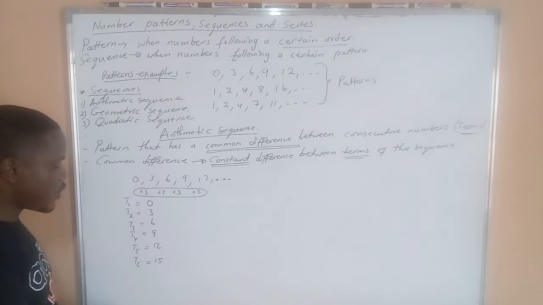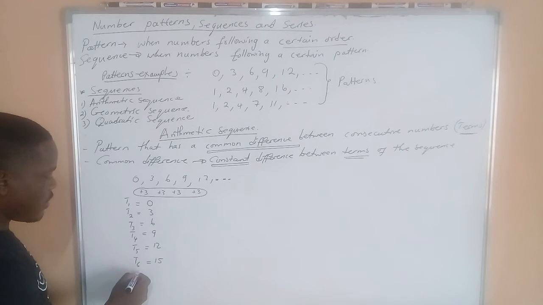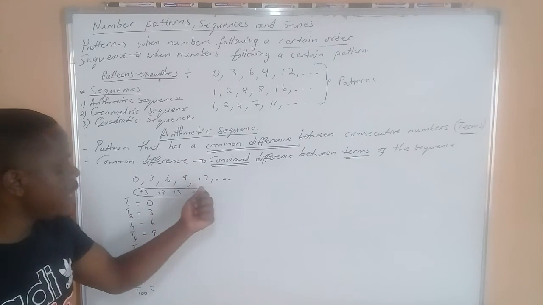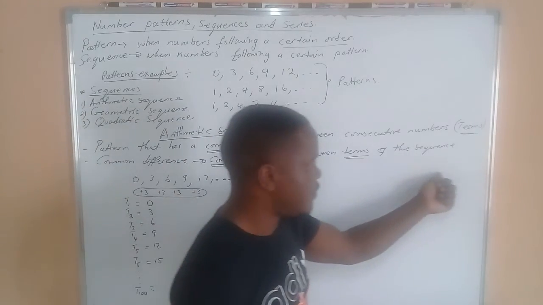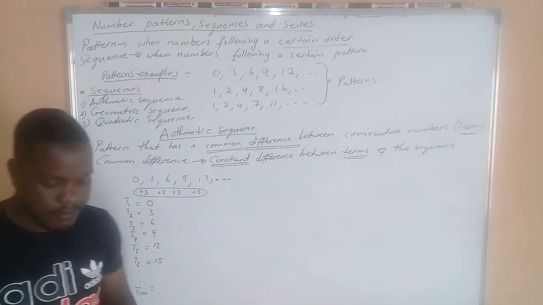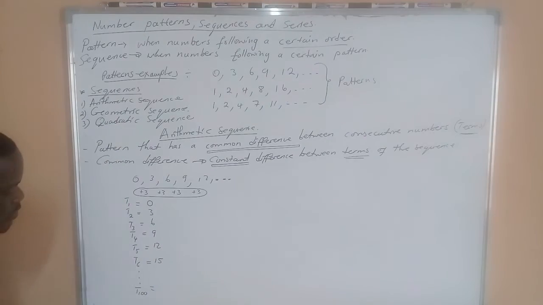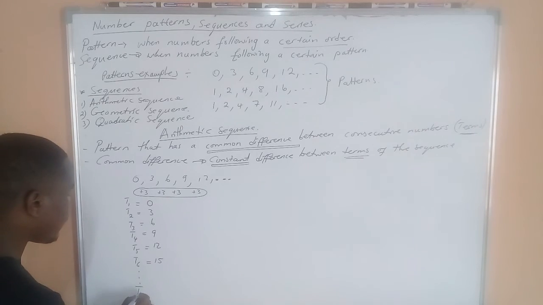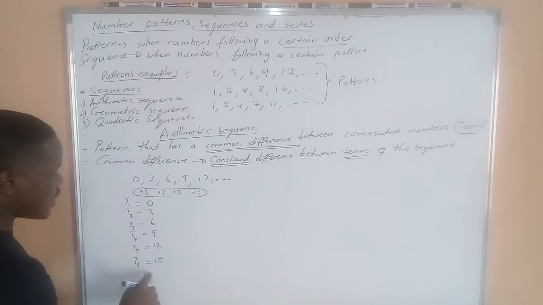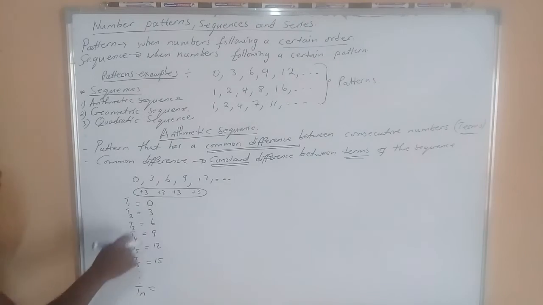But now the issue is, what if they ask me term 100? Can I add all of them up to 100? It might be difficult, or they're going to ask me term 1000. So we must come up with a formula of Tn, for any term beyond this.